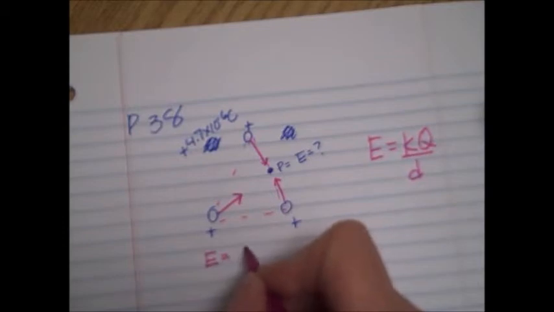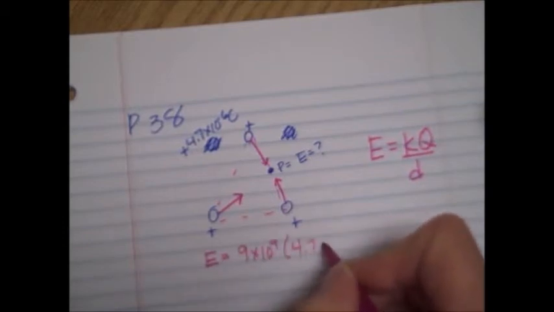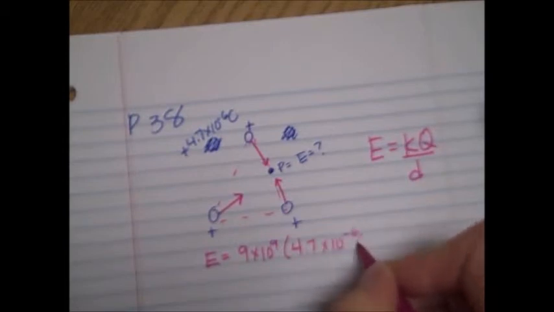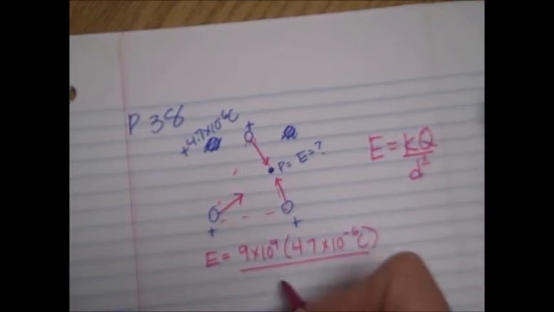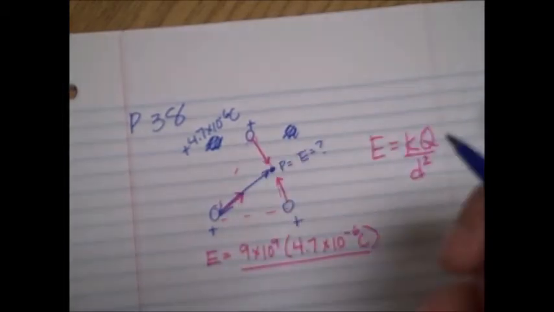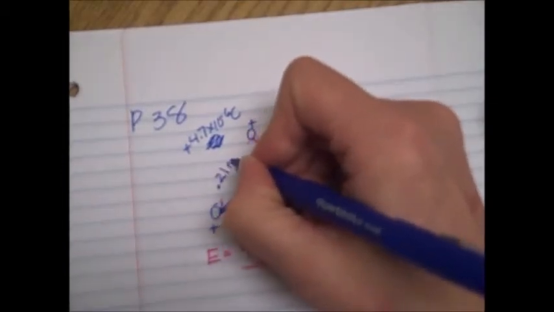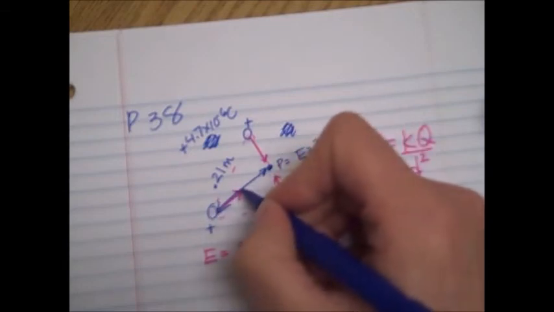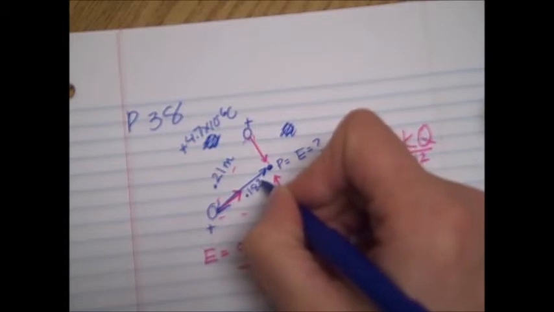So I could do E equals K Q divided by D squared. If the whole side was 0.21 meters, I was able to find the distance that bisects it to be 0.182 meters.